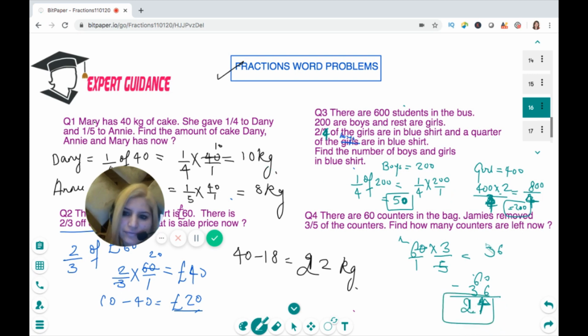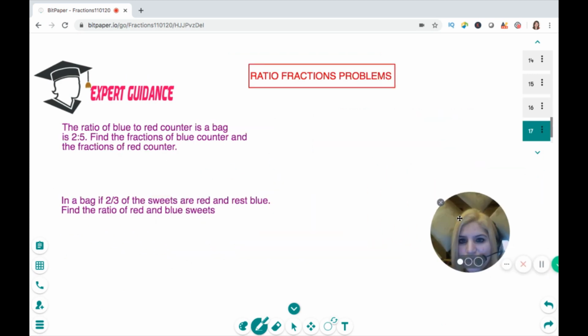Okay, now let's move on to the last concept, ratio fraction problems. Now, if the ratio is given to you, what you have to do is add the two ratios, and that will become the denominator. So, if 2:5 is blue is to red, it means that 2 out of 7 are blue and red is, total number of parts is 7 and the red is 5.